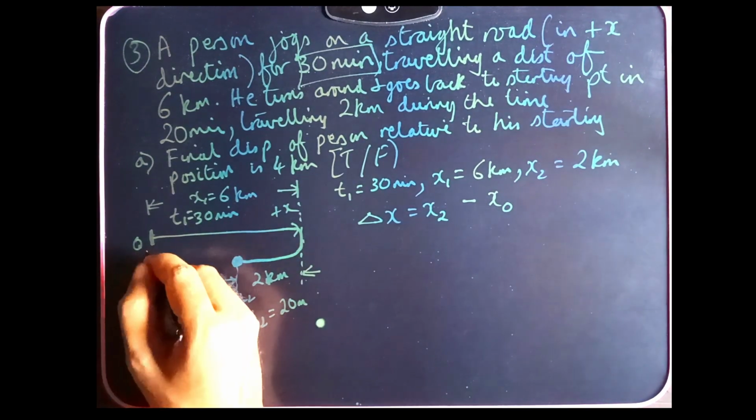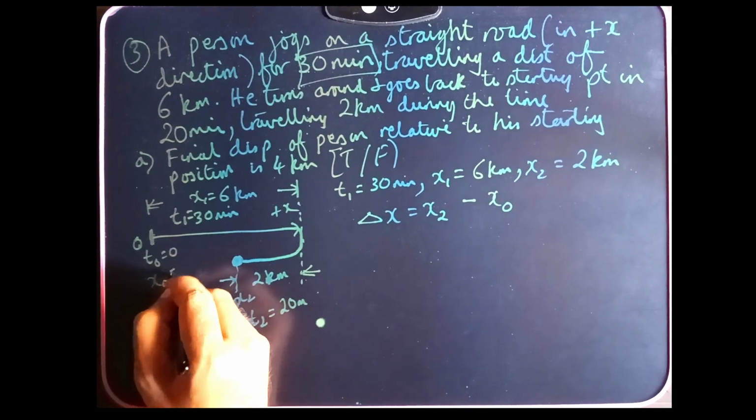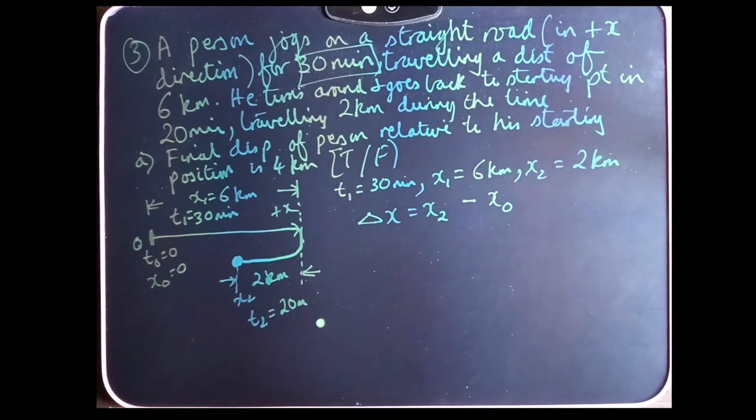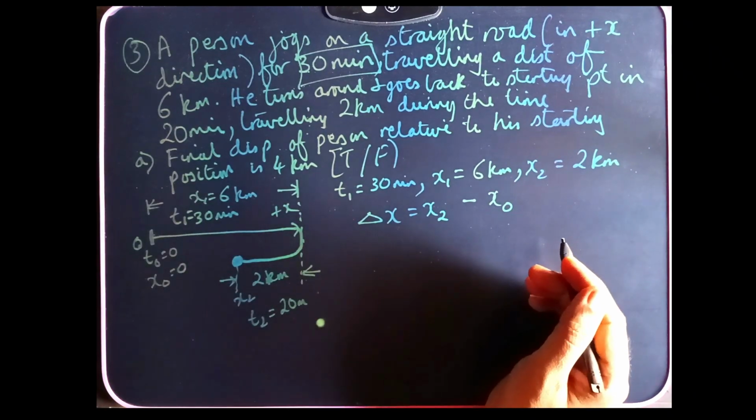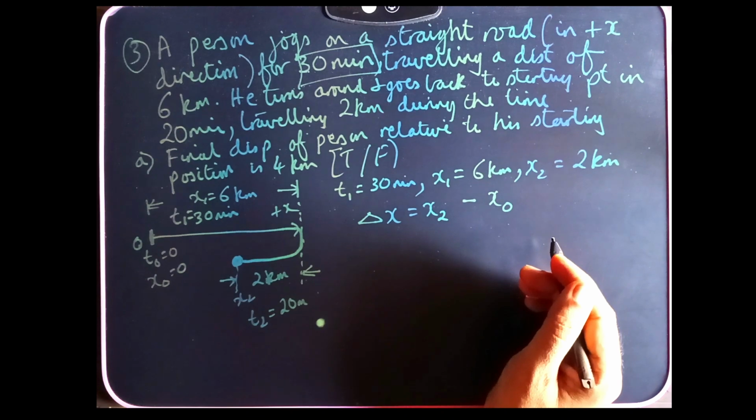Okay, and here we can say t0 is 0 and x0 was 0. Am I right? Am I doing a mistake here?